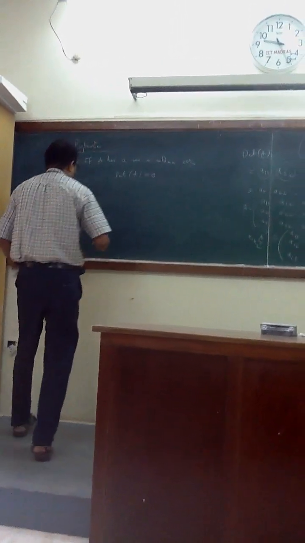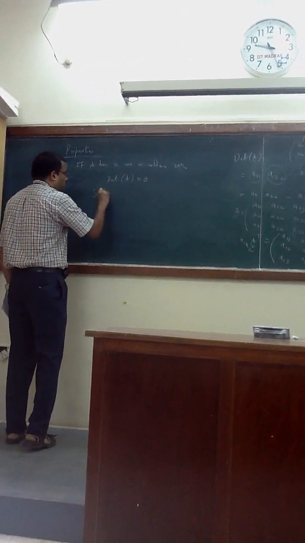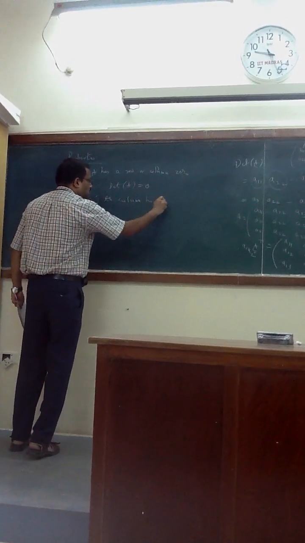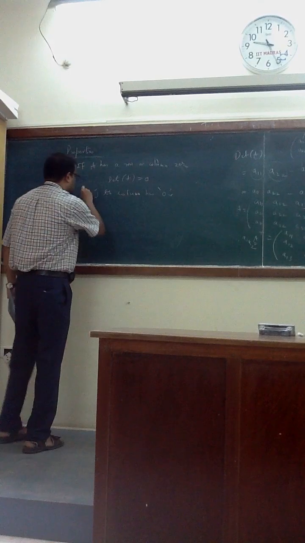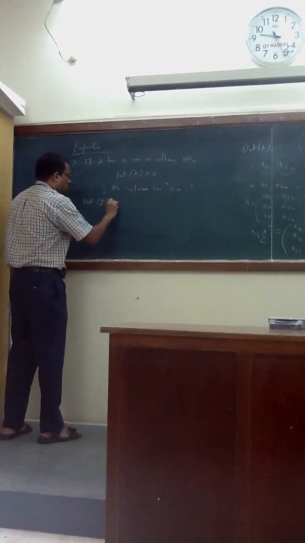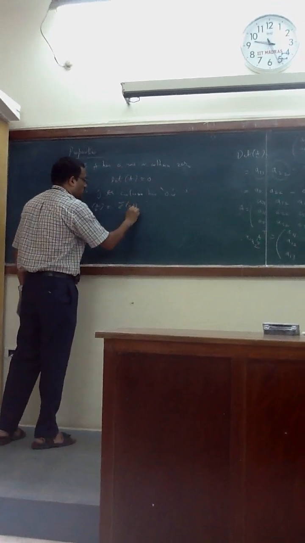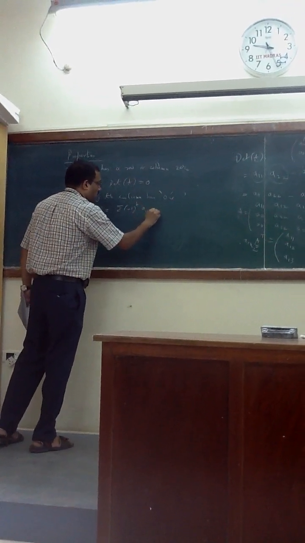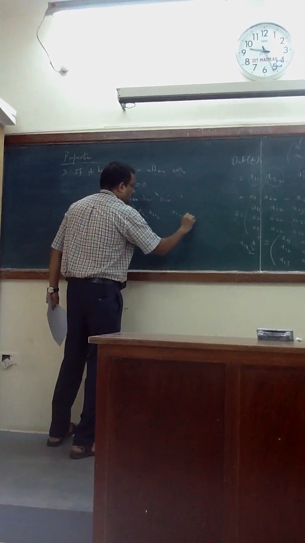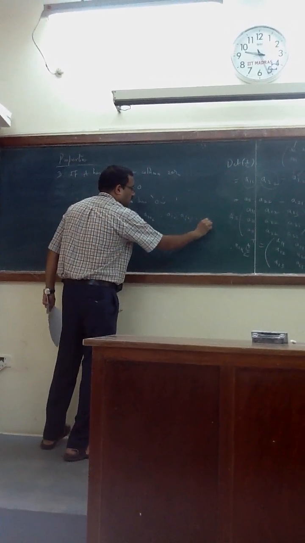So assuming my jth column has zeros, determinant of A is the summation of minus 1 to the power h, A1K1, A2K2, AiKi, AjKj, AnKn.